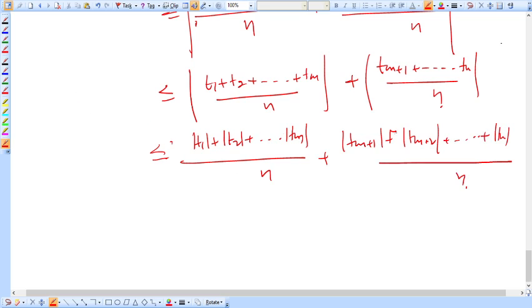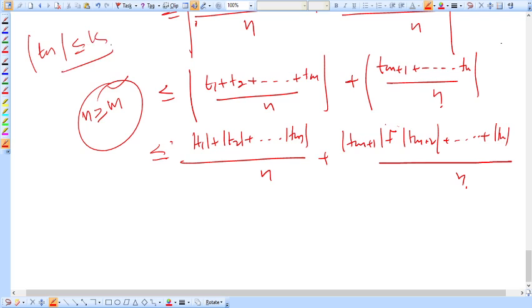Whenever n is greater than or equal to m, for that number you are going to write, so we can write this m here also, no problem in that, but we have already taken this on the left hand side, so you just carry on with this only. So now we have seen that tn is less than or equal to k for all n.